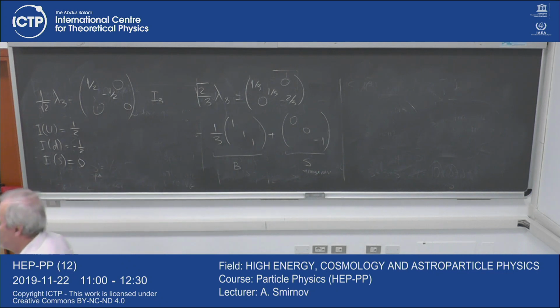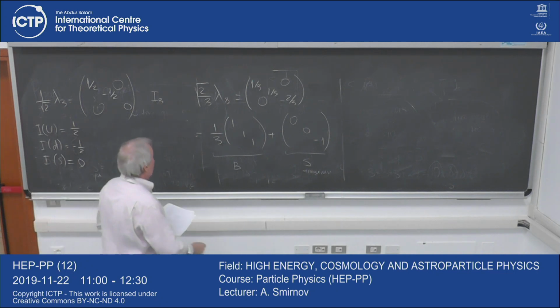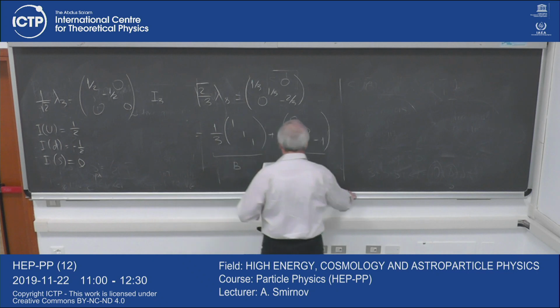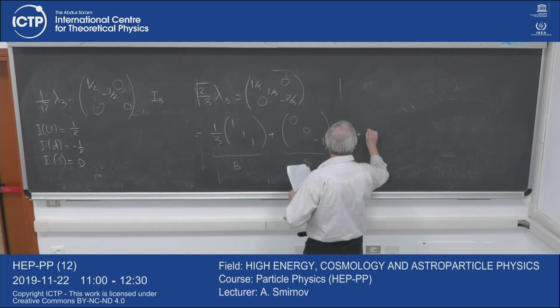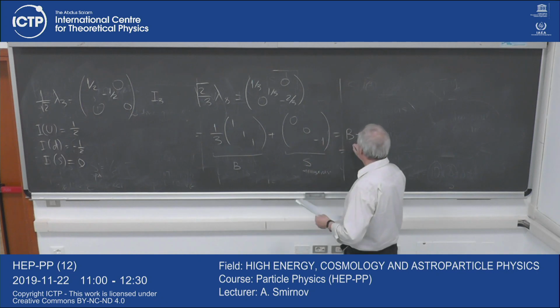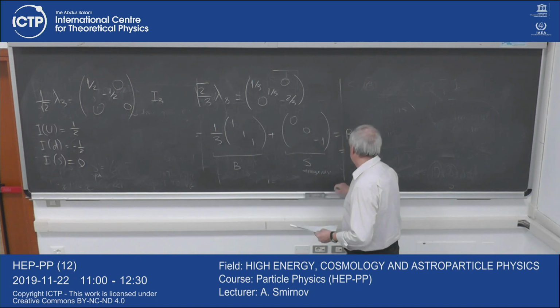People were kind of uneasy with these fractional charges. There were theories with the integer charges of quark, but then it was eliminated by the experiment. So this lambda 8 then can be identified with B plus S, which is nothing but this hypercharge.